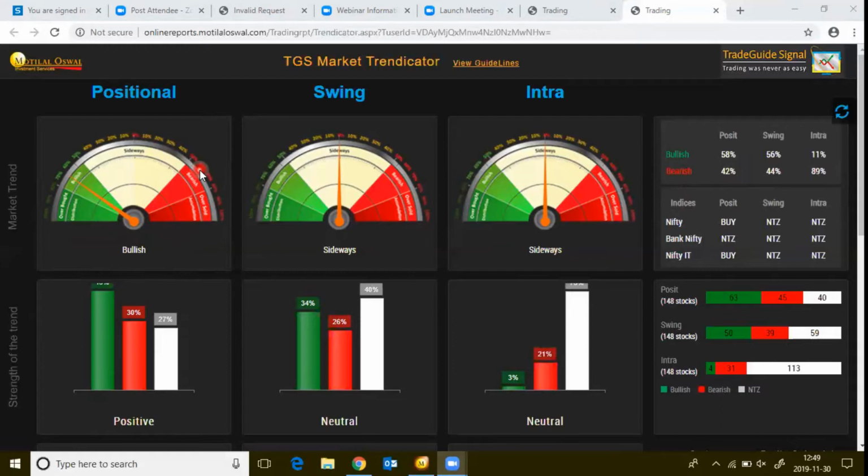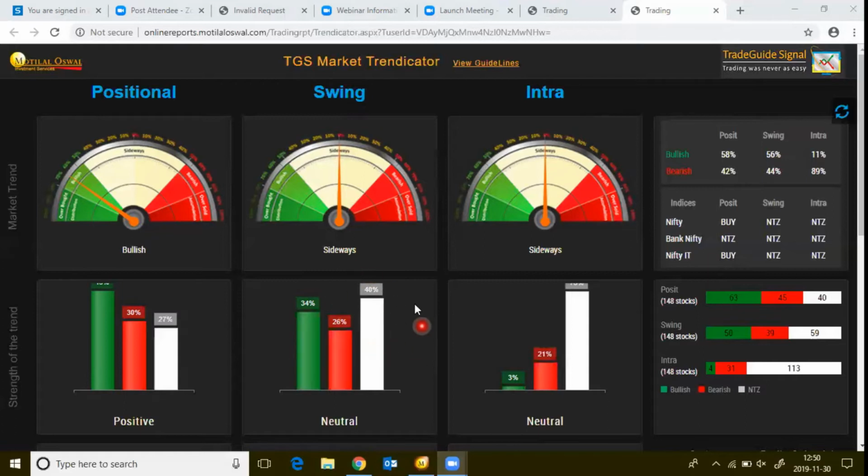So this was about the bullish and this was about the bearish. Now there are other zones. As you can see, the sideways zone and others are given right here. Why is it pointing towards the sideways zone? As I told you, two conditions are required to be satisfied. The first condition is getting satisfied, that is, more than 50% of stocks are in the bullish zone. But the second condition, the strength of the trend, is not getting satisfied, because we can see the strength of the trend is not strong enough or highest for the bullish zone.